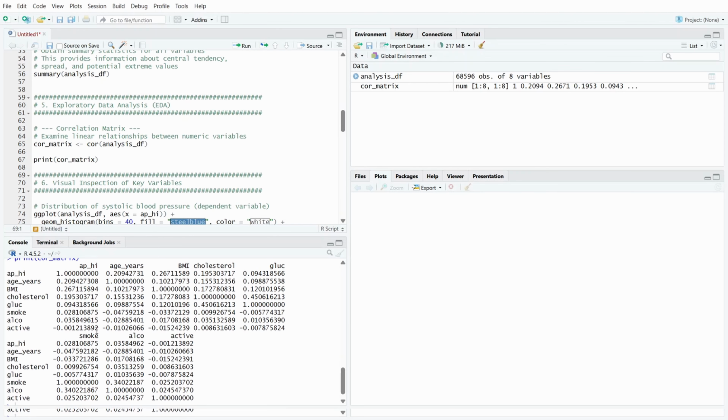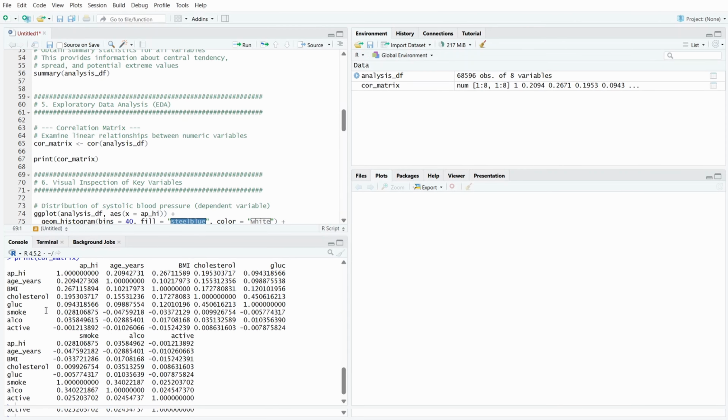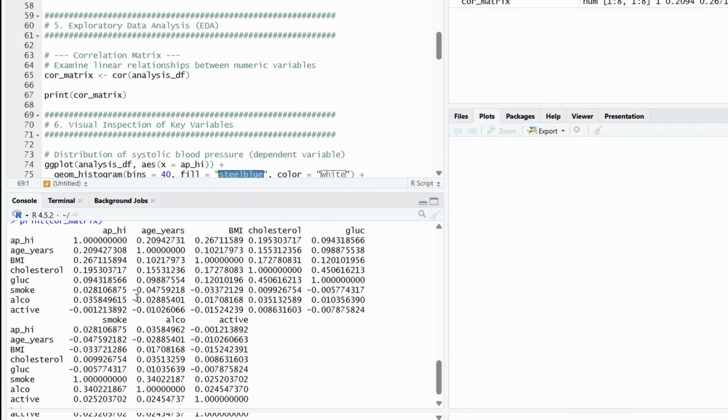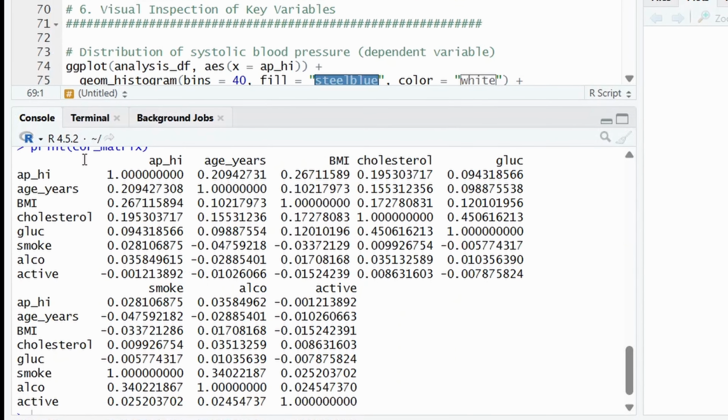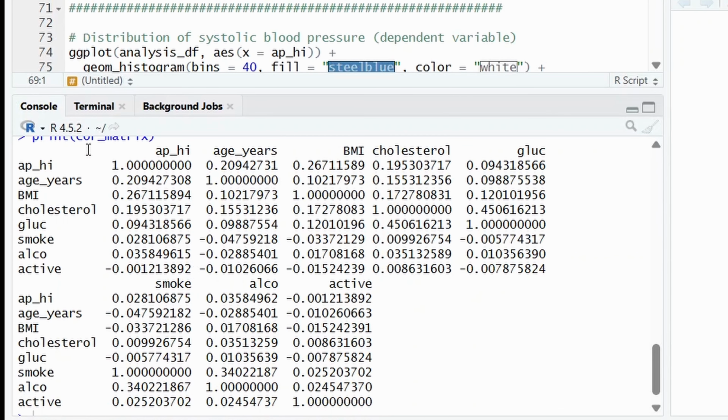Now let's look at the results of our correlation matrix. This table shows how each variable is linearly related to every other variable. Remember, correlation values range from -1 to 1. 1 means a perfect positive relationship, -1 means a perfect negative relationship, and 0 means no linear relationship.